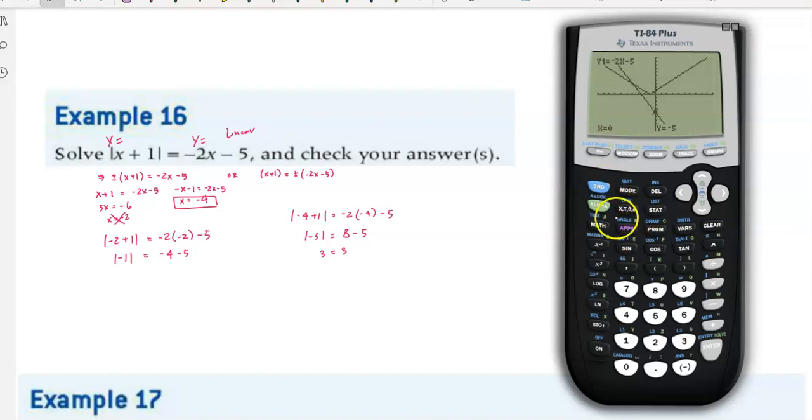I'm pretty sure you guys know how to find it. And calculate, probably. Calculate, intersect. Enter, enter, enter, enter. I don't think I'm doing this right. Well, yeah, I did. Negative 3. Right there. Okay.